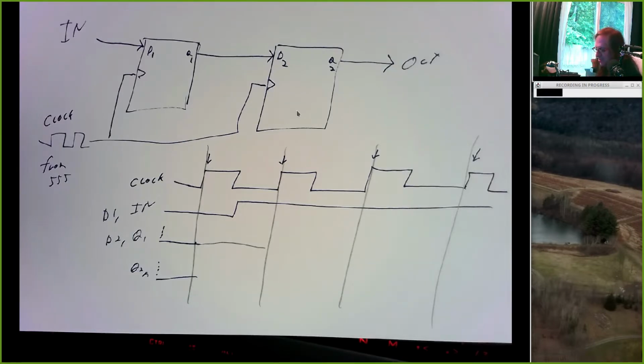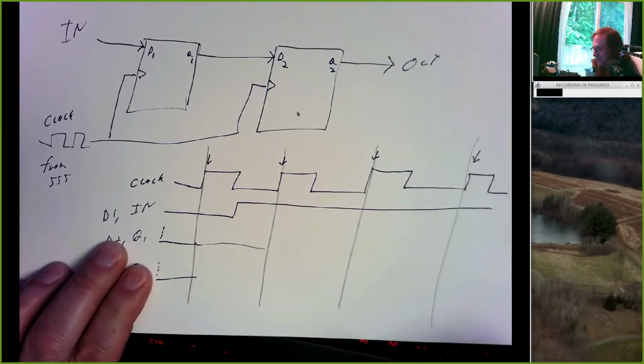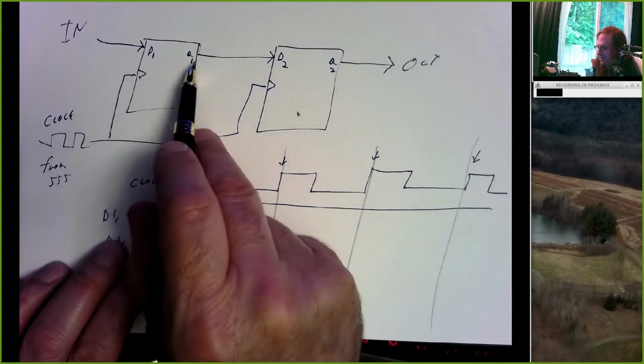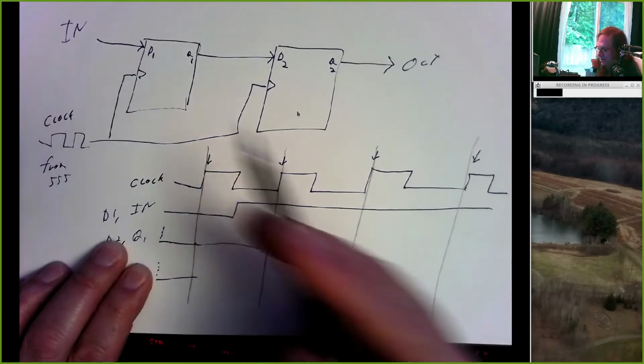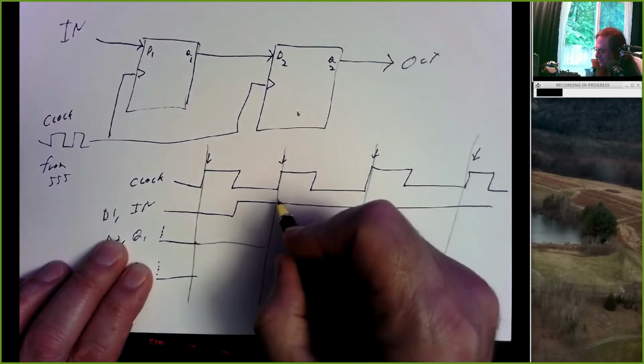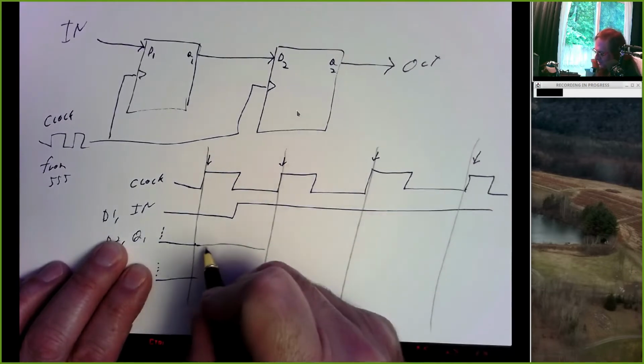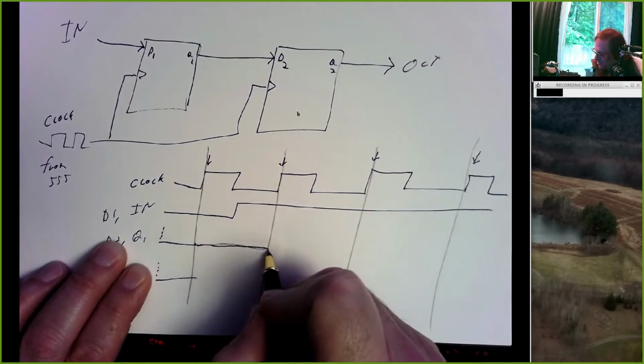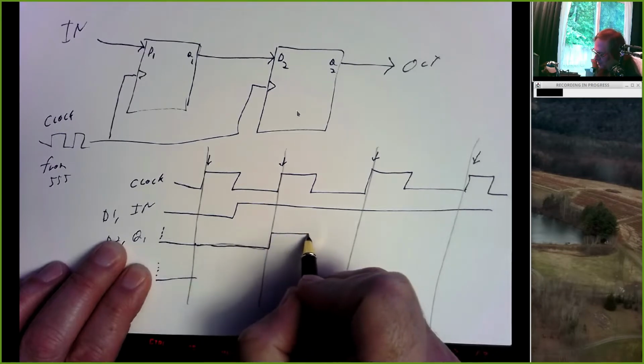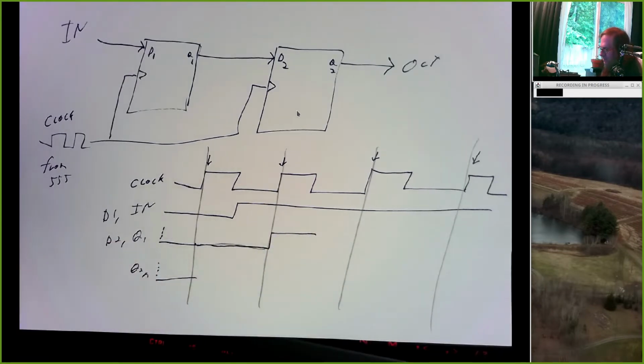Exactly. It'll change to match D1 because that's what a D flip-flop does. When the clock ticks, Q takes on whatever value is coming into D. Well, at this clock tick, D is a 1, so Q is going to rise to a 1. And it's going to hang out high for a little while.